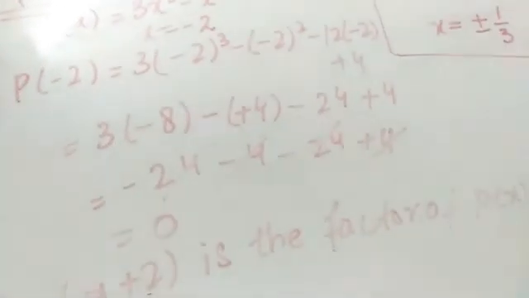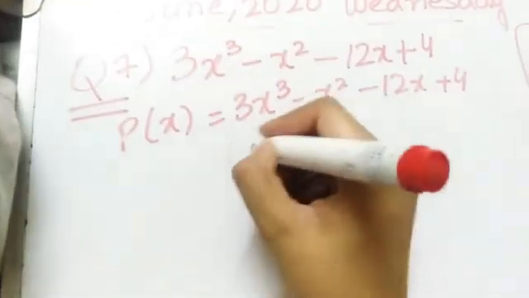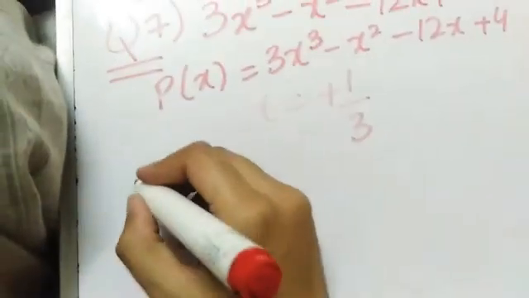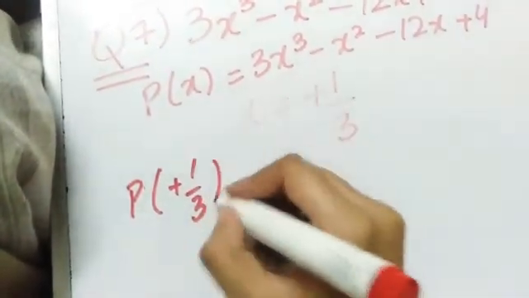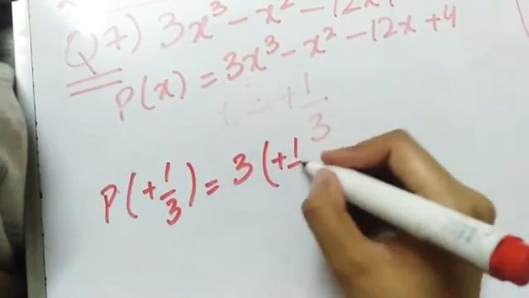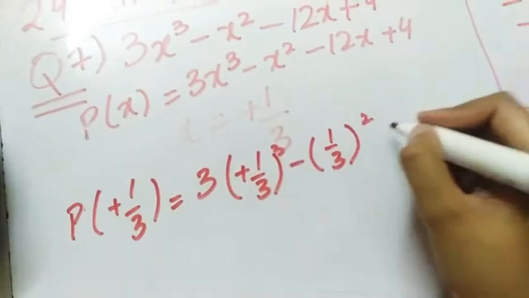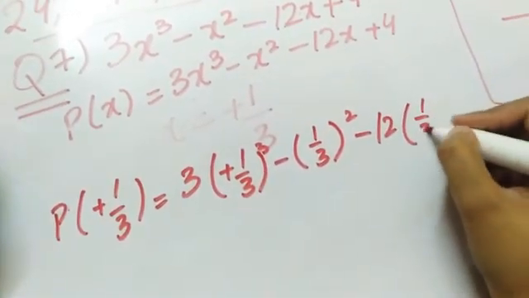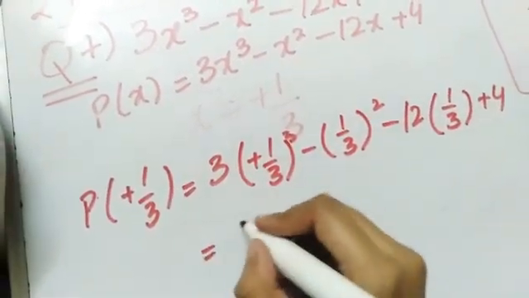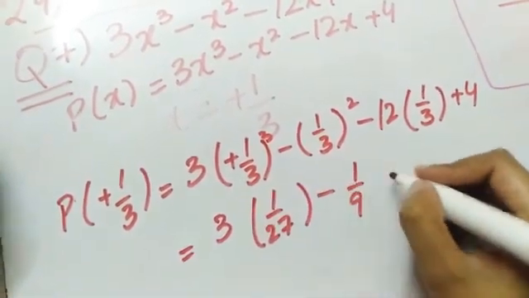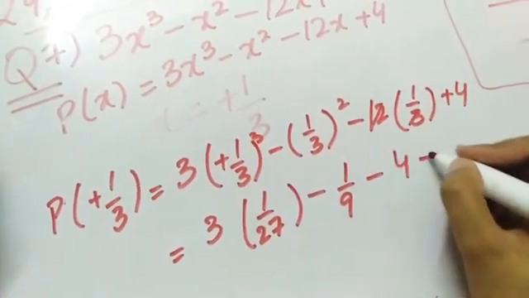Now we will check it for x equals 1 by 3. 3 into 1 by 3 whole cube, minus 1 by 3 whole square, minus 12 times 1 by 3, plus 4. 3 into 1 by 27 minus 1 by 9, minus 4 plus 4.